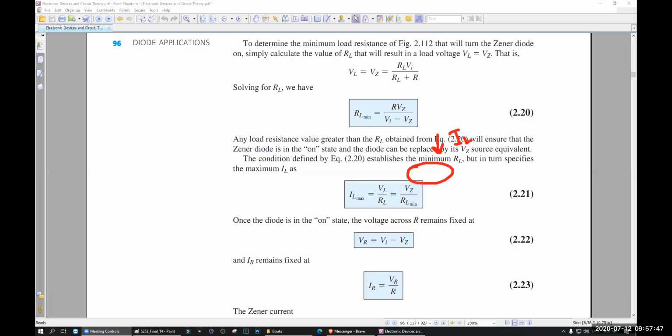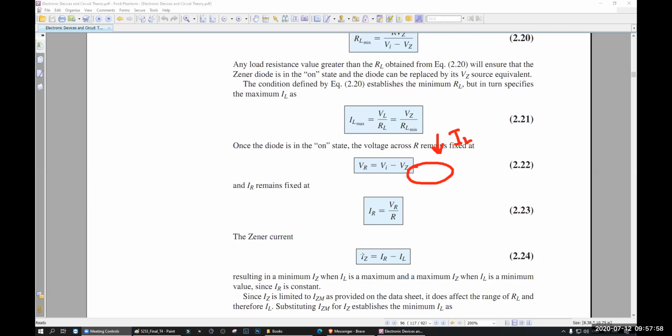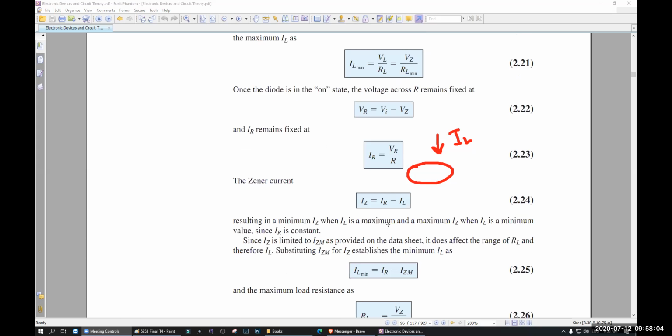Now what about the VR? VR should be VI minus VZ, obviously. What about the IR? IR is equal to VR divided by R. What about the Zener current? IZ is equal to IR minus IL. So if IL is minimum, that means IZ is maximum. Why? This value is fixed, because our VI is fixed, our VZ is fixed.